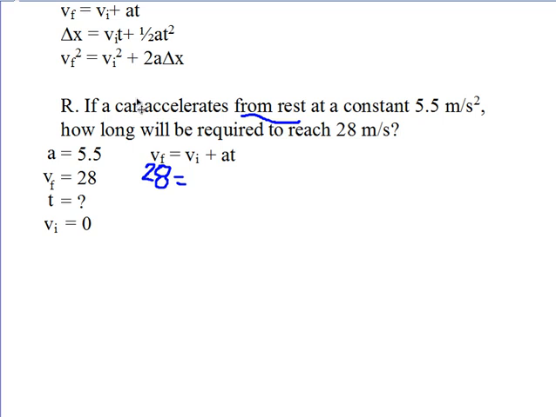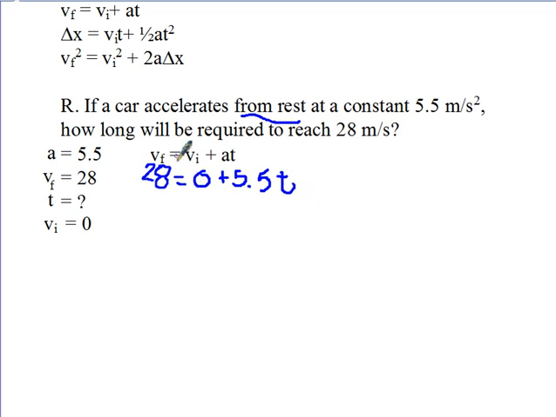I really feel that this approach to problem solving led me to the fact that I needed to know initial velocity, and then I went looking for it, and there it was. Okay, so the initial velocity is 0, and the acceleration is 5.5, and the time is still unknown.